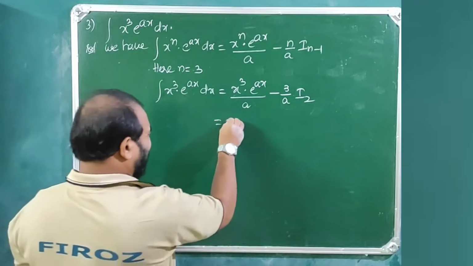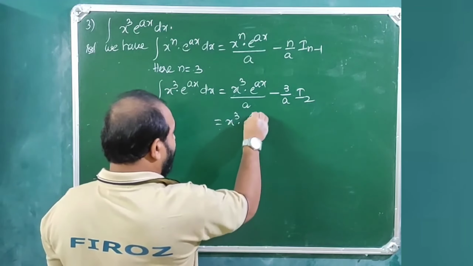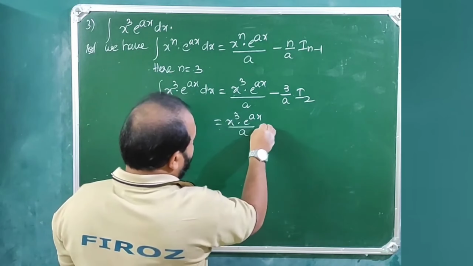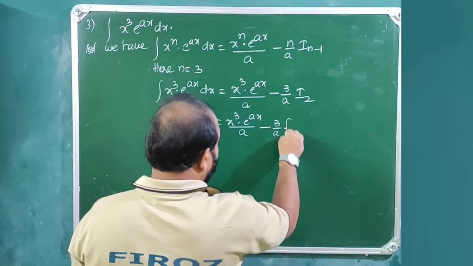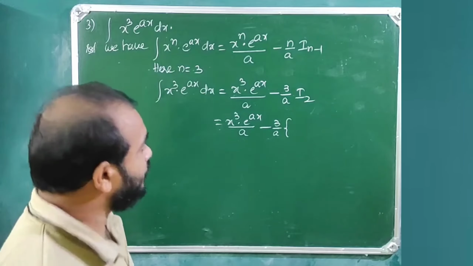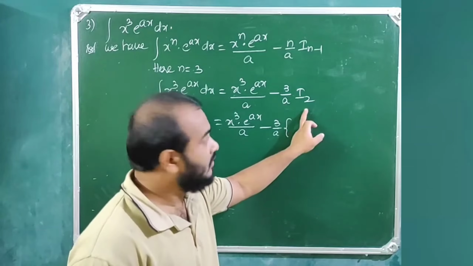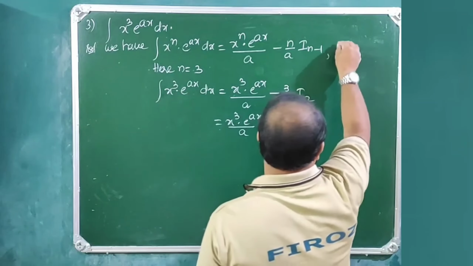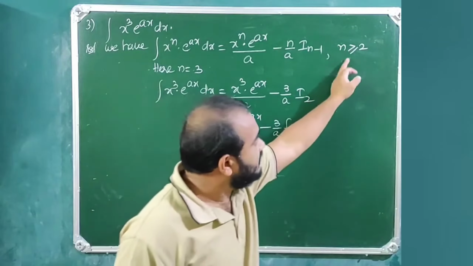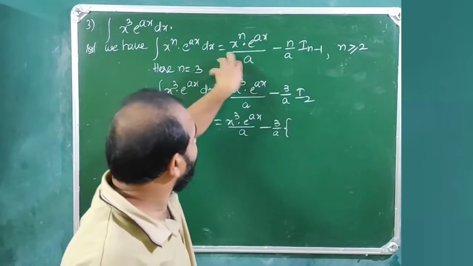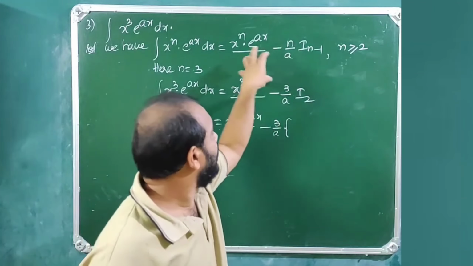So this is x cube into e power ax by a minus 3 by a into I2. So this is still valid because this reduction formula is for n greater or equals to 2. As long as it holds this inequality, we will use this reduction formula.